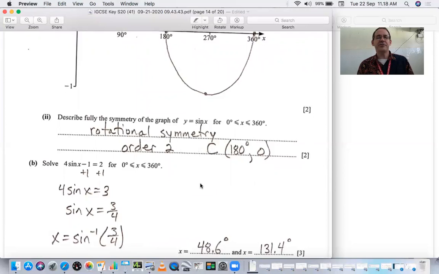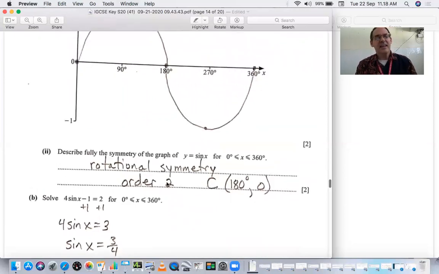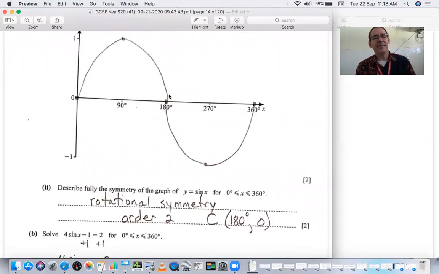Describe fully the symmetry of the graph y equals sine x over that interval. And so it has what's called rotational symmetry at the center point. So in other words, if you rotate this diagram in a circular direction centered at the 180, 0, if you put it as coordinates, then this point over here will rotate over and become this point here on the 360, and this point on the 360 will rotate over here and become the 0 here.